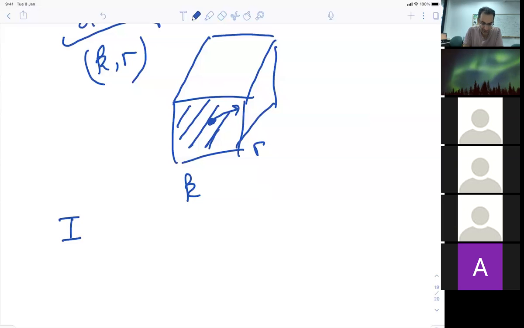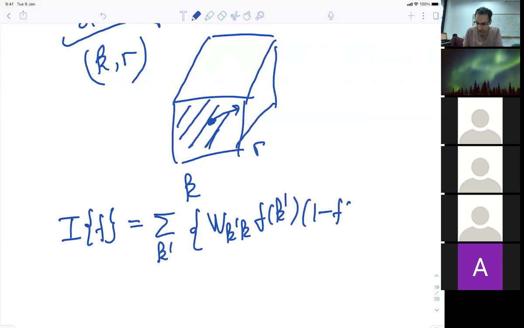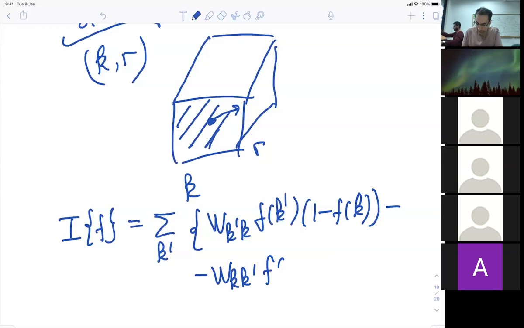So for the process above, the collision integral looks like a sum over k prime, over all points in the momentum space, w(k'k) f(k') (1 minus f(k)) minus w(kk') f(k) (1 minus f(k')).